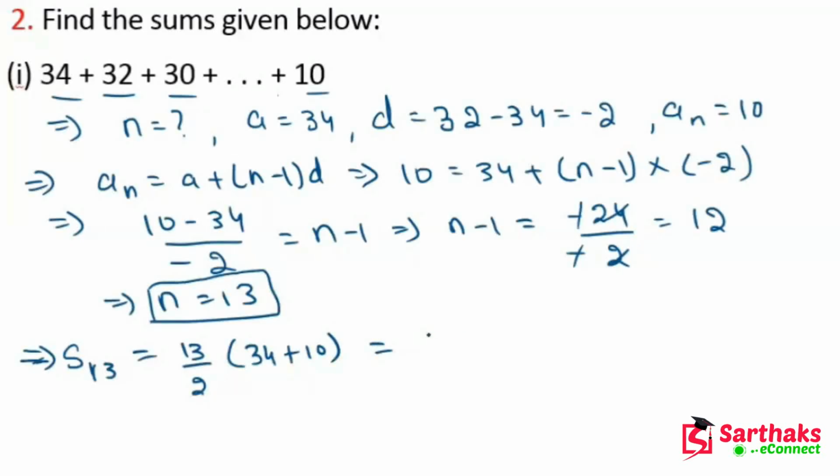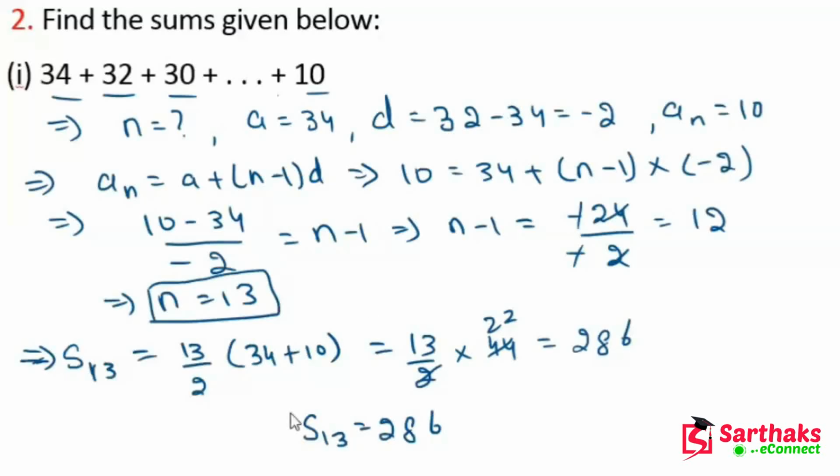So 13 upon 2 multiplied by 44, which divided gives 22. Solving 22 into 13, we get 286. So S13 is equal to 286. So this is our result. I hope you understand these things.